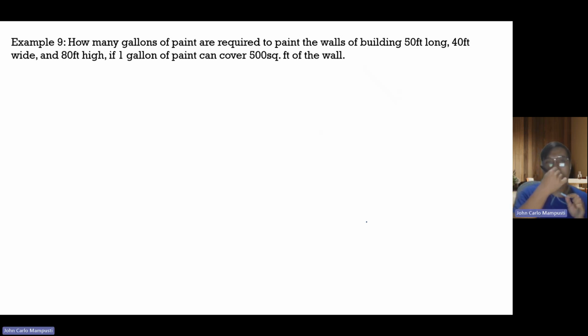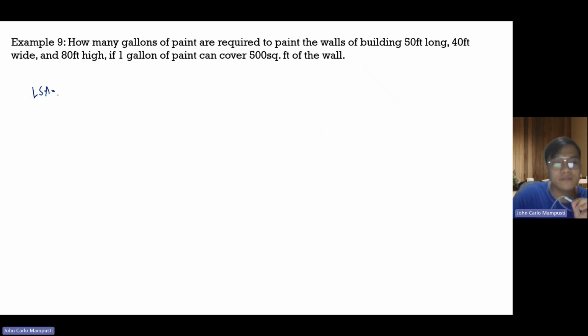Okay, dito, baka ang gawin nyo dito, kunin nyo yung total surface area ng ating building using this dimension. Pero, hindi, no? At when we say wall, ano ba yung nasa wall, diba? May wall ba tayo sa taas? May wall ba tayo sa baba mismo o sa ground? Wala, no?